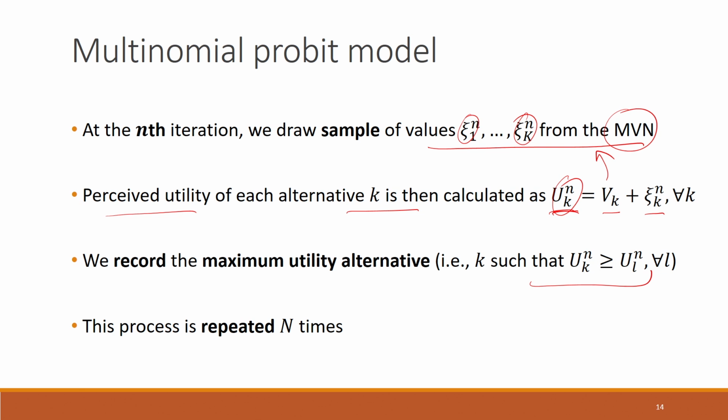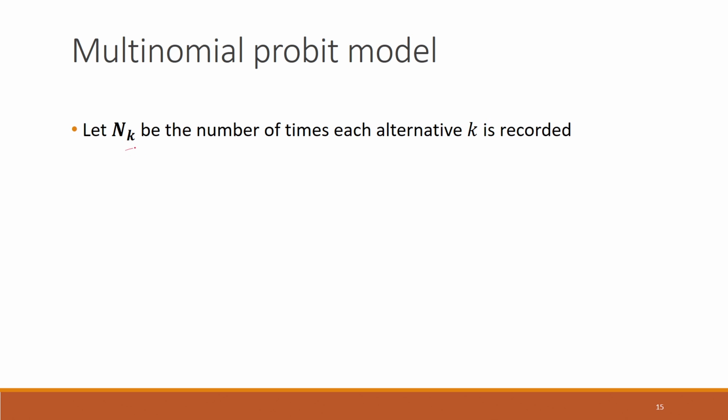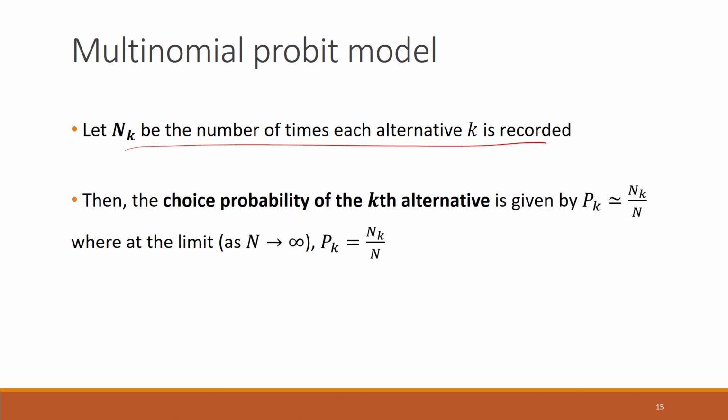For example, if we sample 1000 times in this Monte Carlo simulation, it can happen that 100 times the first alternative gets the highest utility, 200 times the third alternative gets the highest utility, 150 times the sixth alternative gets the highest utility, and so on. We keep track of all of that. Let nk be the number of times each alternative k got the highest utility.